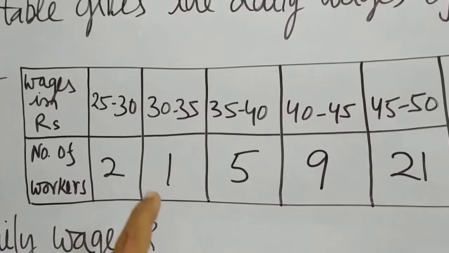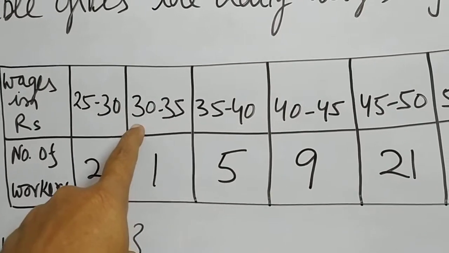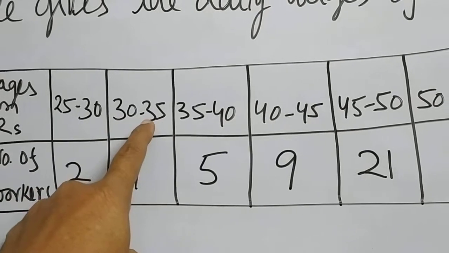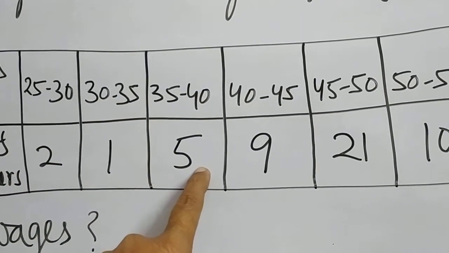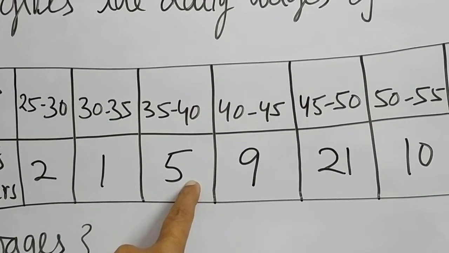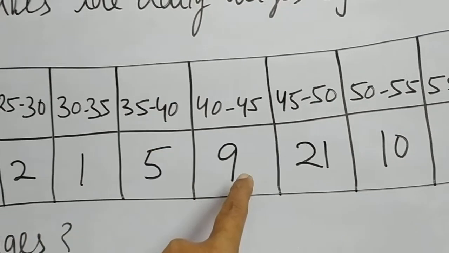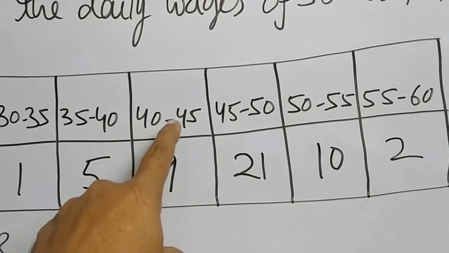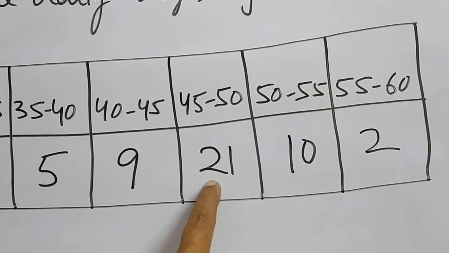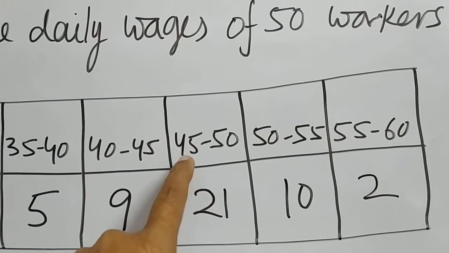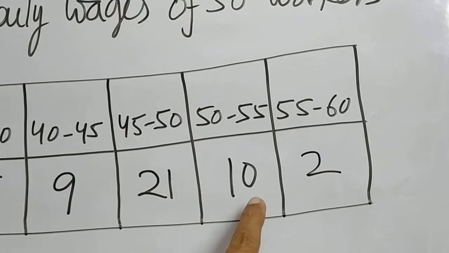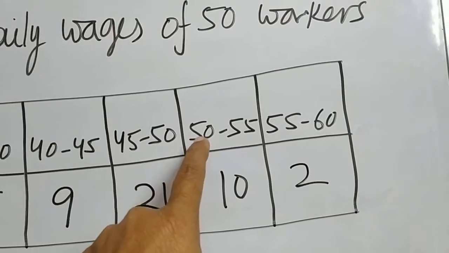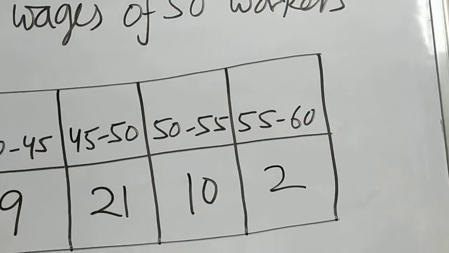Whereas one laborer gets rupees between 30 to 35. 5 laborers are getting 35 to 40 rupees. 9 laborers are getting 40 to 45. 21 laborers are getting 45 to 50 rupees. 10 laborers are getting 50 to 55.